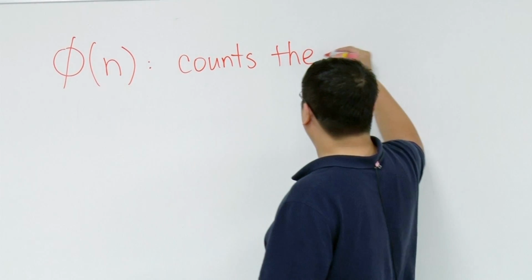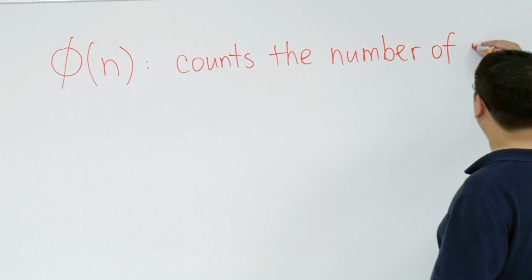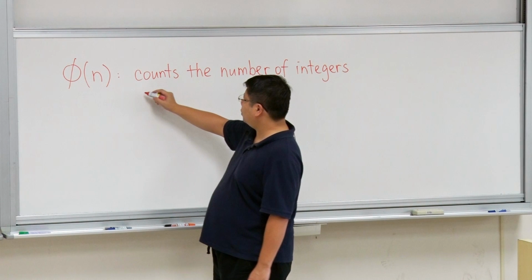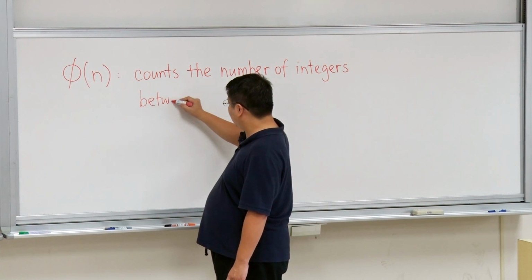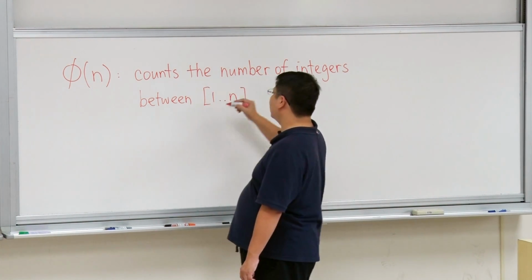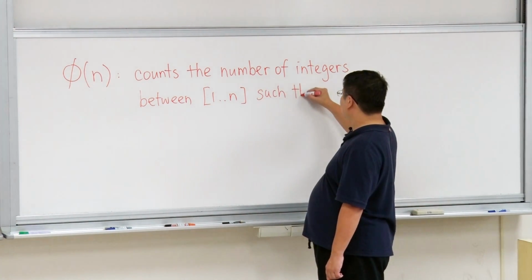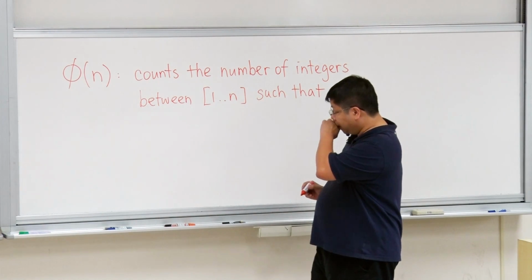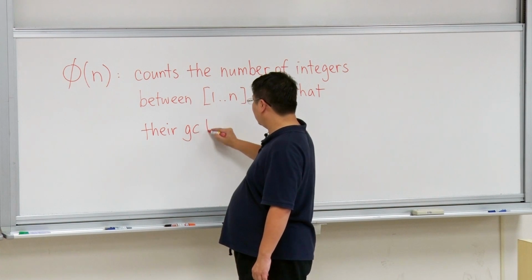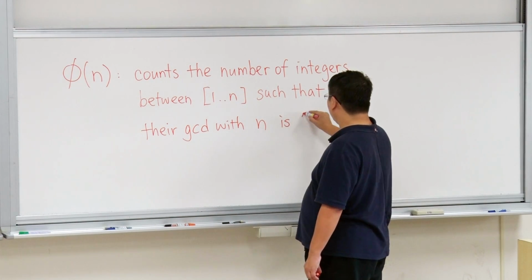the number of integers between one up to n such that their GCD with n is 1.